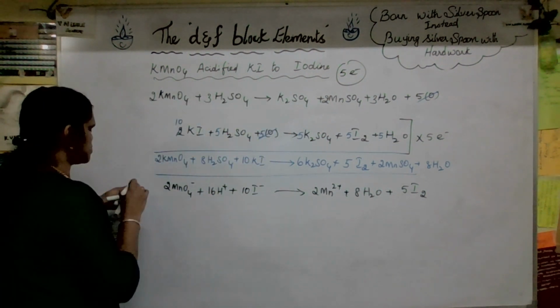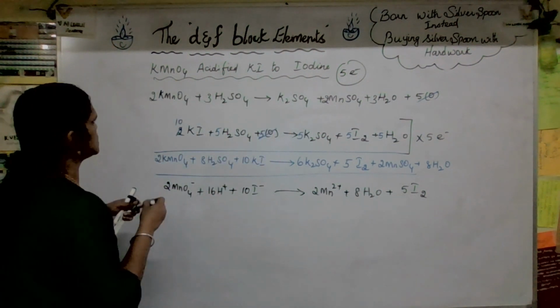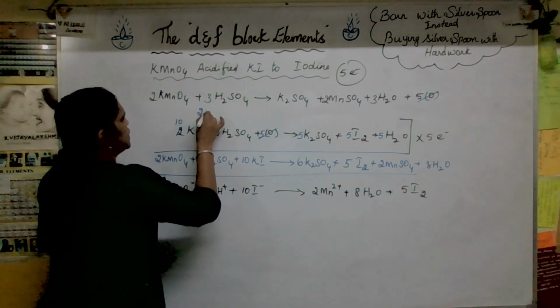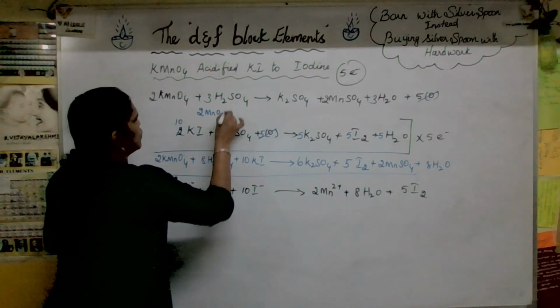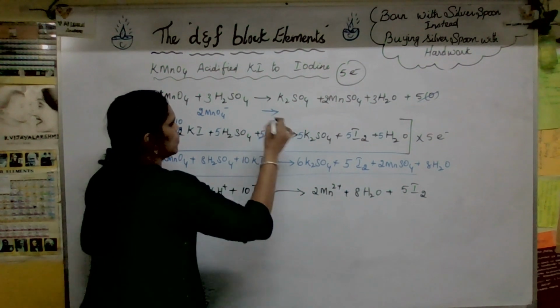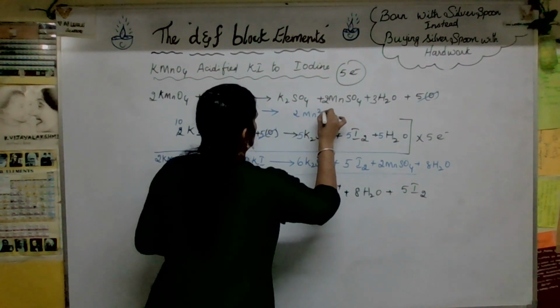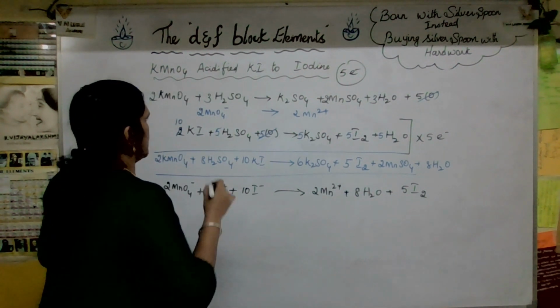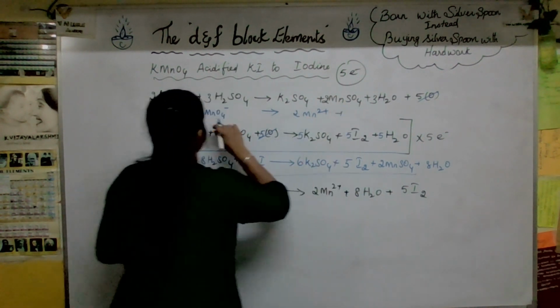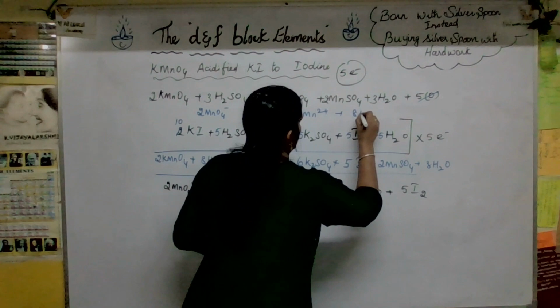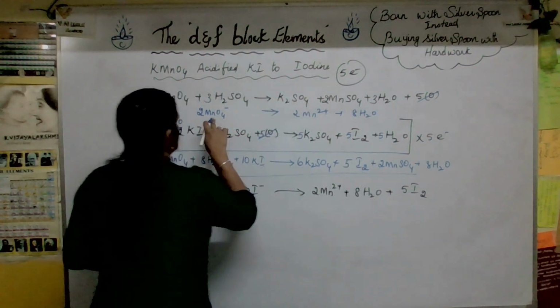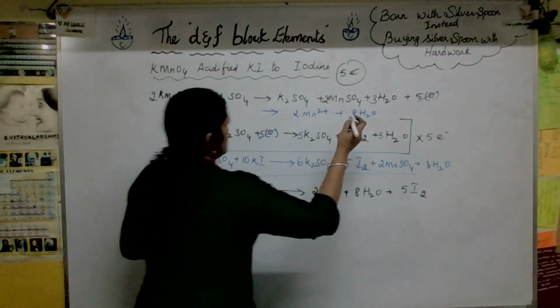Okay, now here also we can provide 2 MnO4 minus, it can provide 2 Mn2 plus. Right? Okay, now here 8 H2O, 4 twos are 8 H2O.